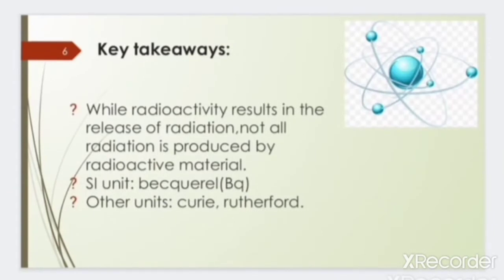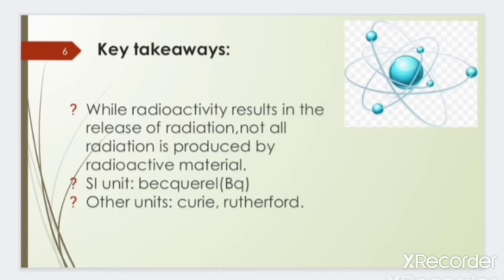While radioactivity results in the release of radiation, not all radiation is produced by the radioactive material. And the SI unit of radioactivity is becquerel, and it is important to note that this unit is named in honor of the discoverer of radioactivity, the famous French scientist Henri Becquerel.